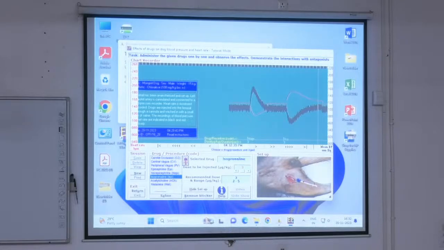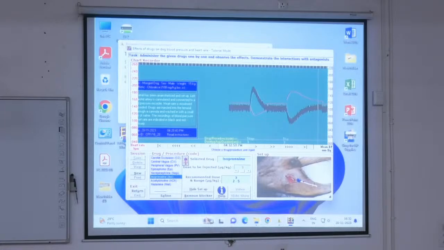So there will be reflex tachycardia. তার মানে beta 1 receptor stimulation, chronotropic effect, and due to fall in blood pressure there will be reflex tachycardia. So there will be much more increase in heart rate with isoprenaline.